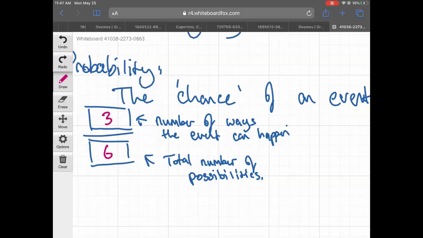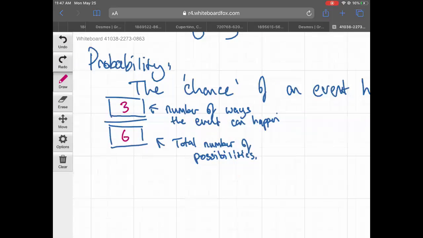So there are 3 ways I can roll an even number on a dice. The total number of possibilities when I roll a dice is 6. So the probability of rolling an even number on a dice is 3 out of 6, which is equal to a half. Okay, that is the essence of probability right there. That's how I like to think of it anyway.